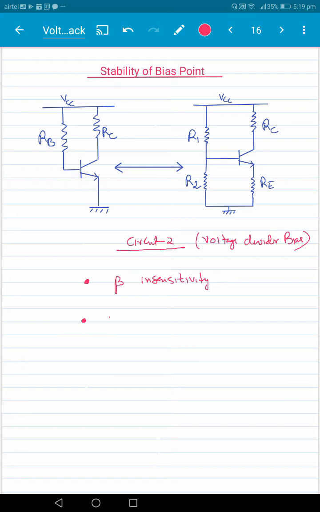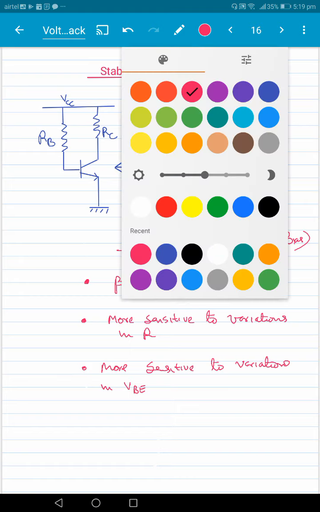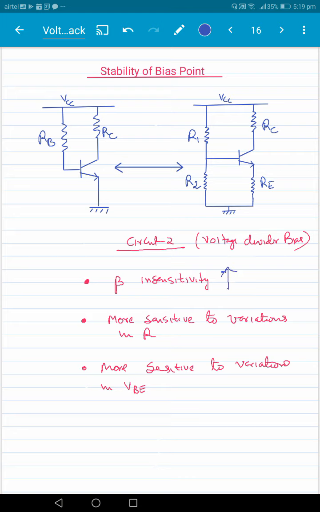But the circuit becomes more sensitive to variations in R due to tolerance. The circuit becomes more sensitive to variations in VBE because of, let's say, changes in temperature. So we achieved something positive, but we lost also something in the process here.